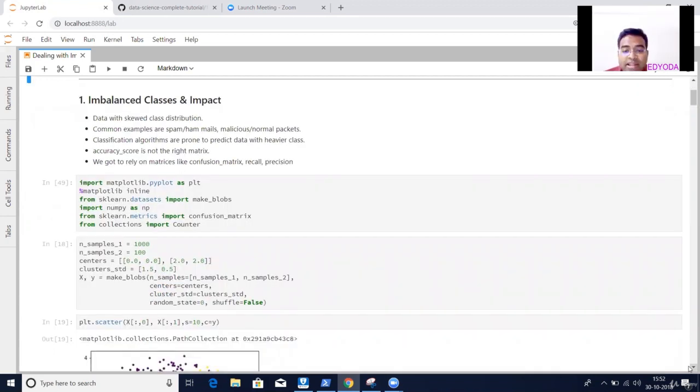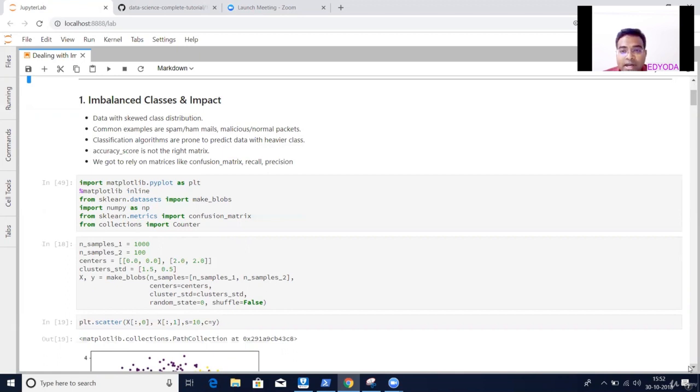Imbalanced classes and their impact. Data with skewed class distribution are known as imbalanced classes. Examples of those are spam versus ham mail. Generally, 95% of your mail will be spam, right? So if you want to create a spam predictor, it will be getting imbalanced data with 95% of it as spam.